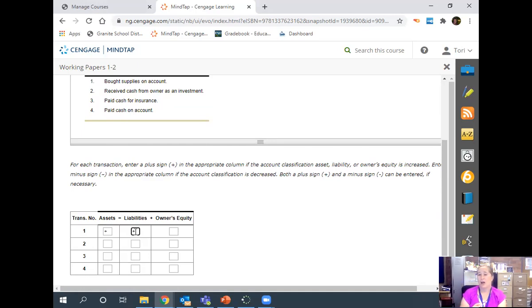Now when I pay it off, I'll subtract it, and then I'll also subtract from my cash. But as for this transaction, we bought supplies, so we're going to add our asset, and we're going to add to a loan. Now, if I do it this way, this means my accounting equation will be equal. There's not any tilting in my accounting equation.